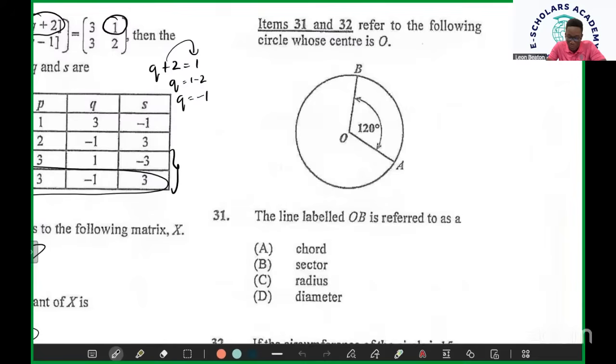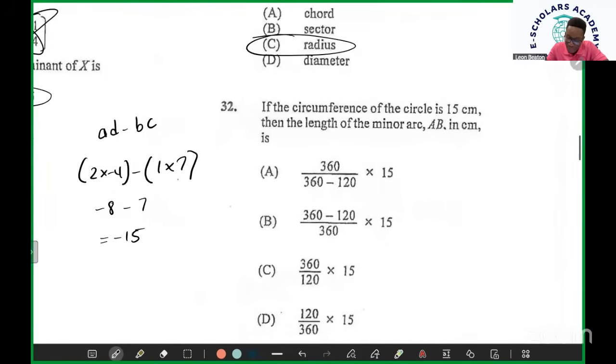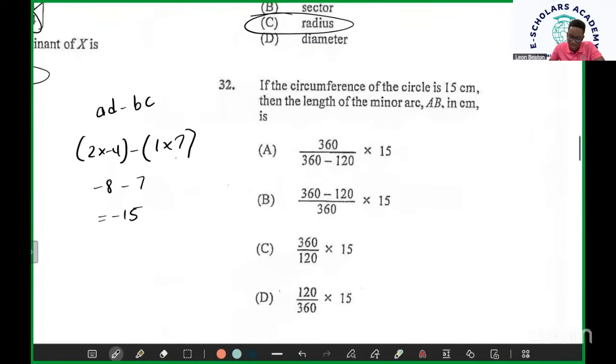Items 31 to 34 refer to the following circle. The line labelled OB is referred to as OB. OB is the radius, which is C. The circumference of the circle is 15 cm, then the length of the minor arc AB in cm.